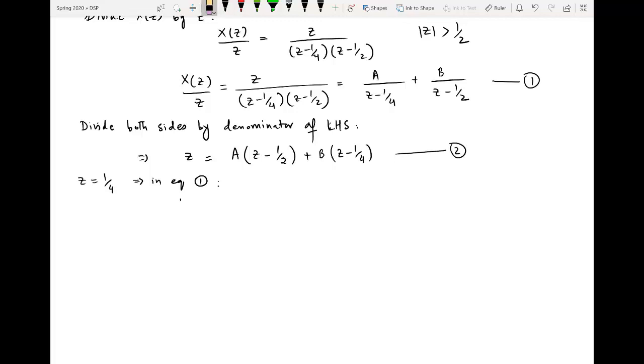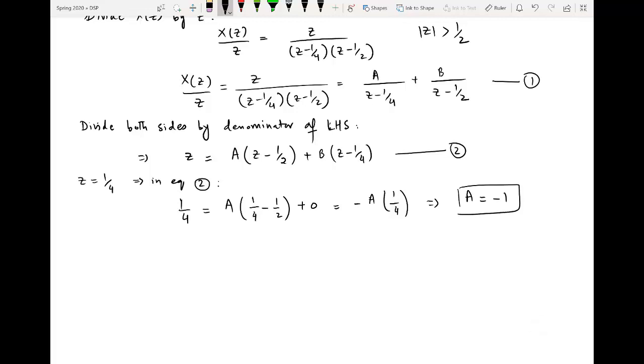It will become 1 by 4 is equal to A into 1 by 4 minus 1 by 2, and this factor will be 0. Here we will get minus A into 1 by 4. So by cancelling out, it is simply found that A equals minus 1.